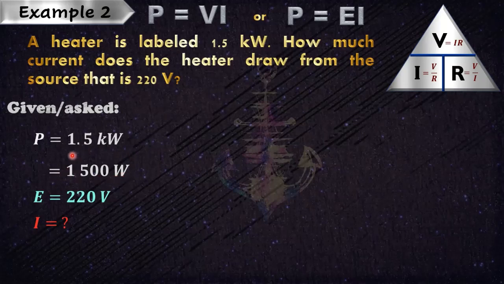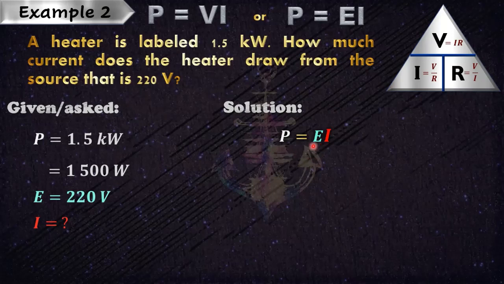So therefore, that is 1,500 watts. And E, again, E is V. This time, the symbol I use for voltage is E. So that is 220 volts. And I is unknown. So let's practice the formula we used earlier. The symbol for voltage is capital letter E.